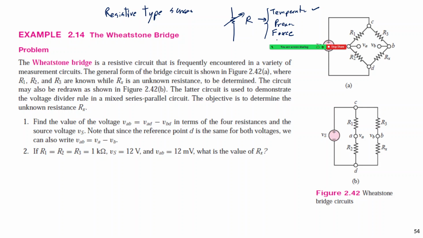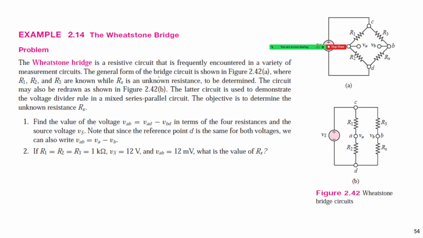You can use a resistive type sensor here, but you need some circuit to handle the property of the sensor, right? So the Wheatstone bridge is one of the circuits to do that. The Wheatstone bridge is a resistive circuit that is frequently encountered in a variety of measurement circuits, right?